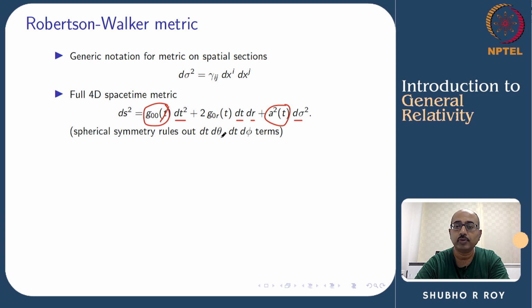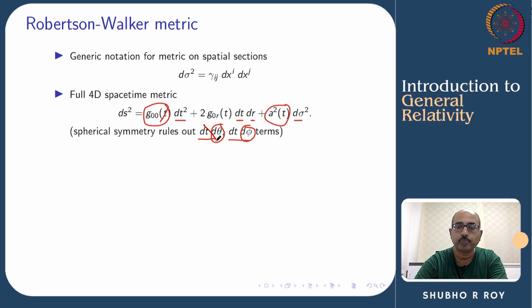And for similar reasons, because of isotropy, we have to rule out terms like dt d theta and dt d phi, because they're linear in the angle changes d theta and d phi. They will reverse sign when I go clockwise or anti-clockwise. We don't want points in the clockwise direction or anti-clockwise direction to look any different, because that would not be compatible with isotropy or spherical symmetry.